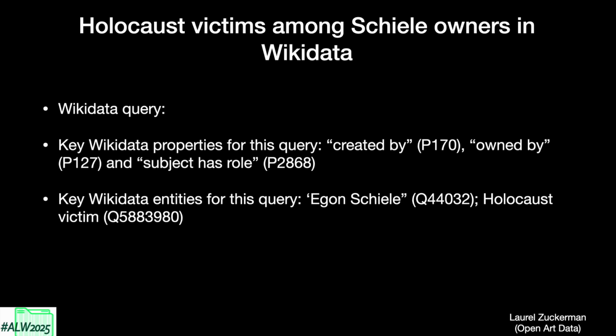And the key Wikidata entities are Egon Schiele, that's the artist, and Holocaust victim. And the query simply goes, created by Egon Schiele and owned by someone who is a Holocaust victim.